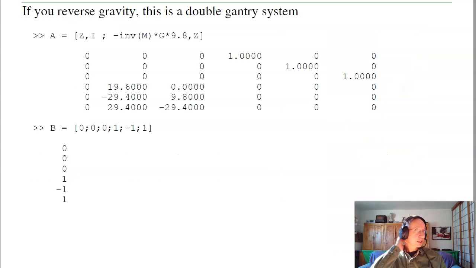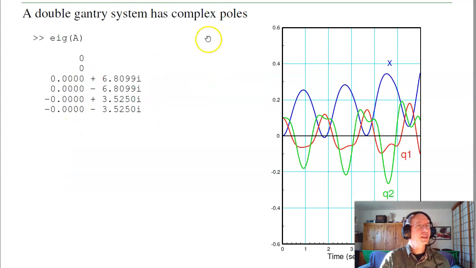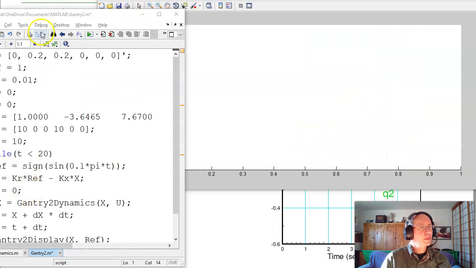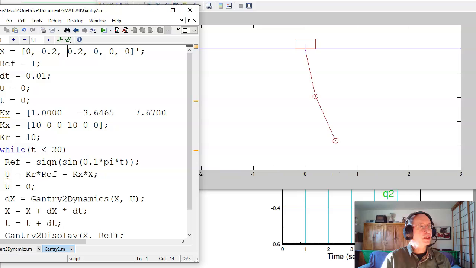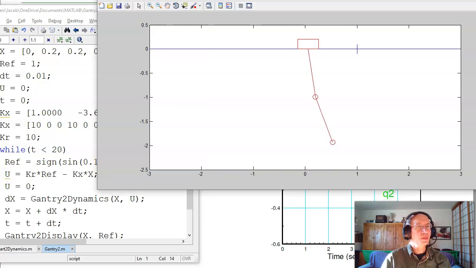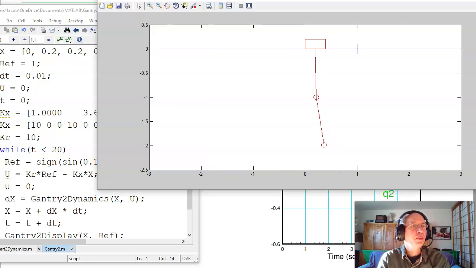If you reverse gravity, then this becomes the A matrix. Its eigenvalues are 0, 0, plus minus j 6.8, plus minus j 3.5. So if I turn off the input, u equals 0, give it a small initial condition, and watch it go, it'll swing back and forth.